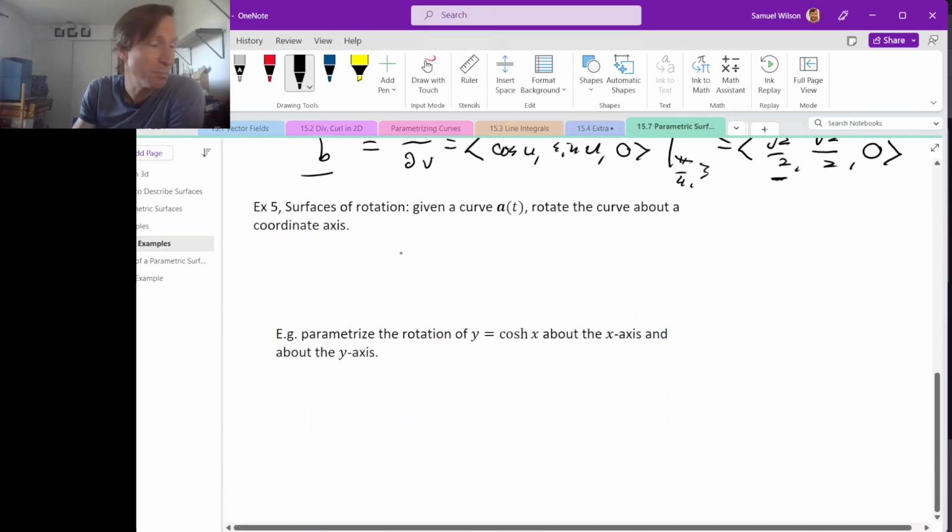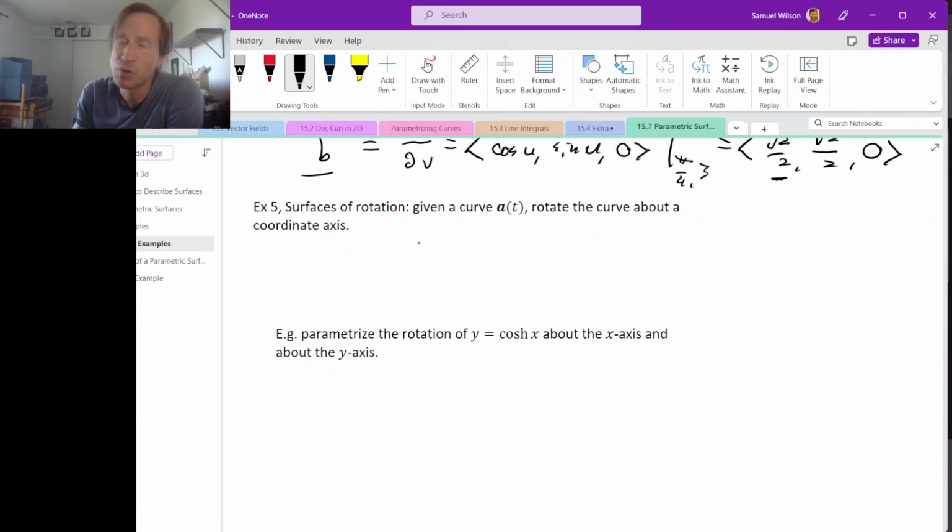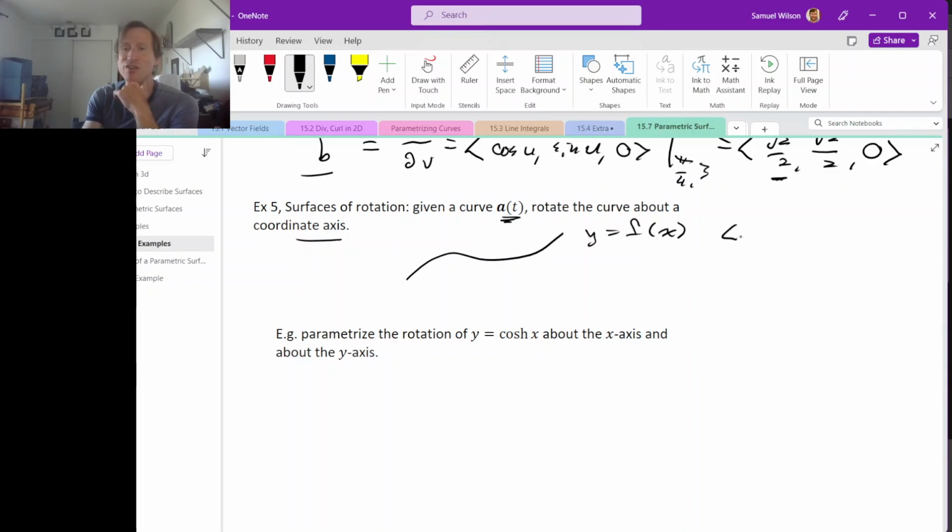Okay, one more example of coming up with parameterizations for surfaces is if your surface is actually just a curve that has been rotated around some coordinate axis. So if we have some function, say y equals f of x, we can parameterize this curve by saying it's, let's say u.